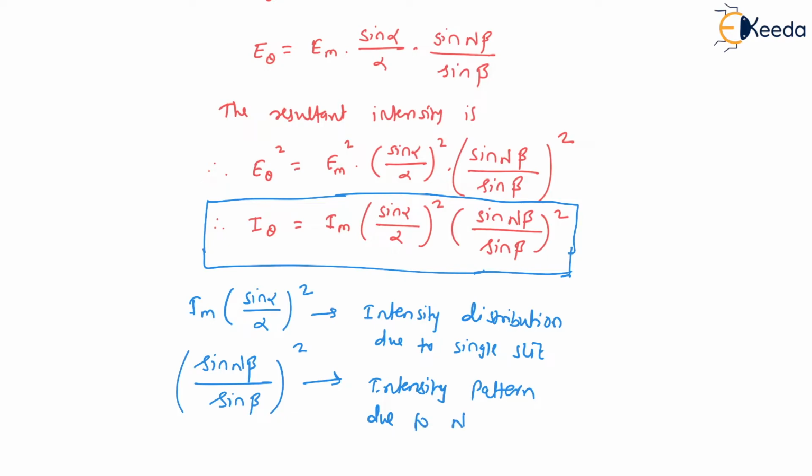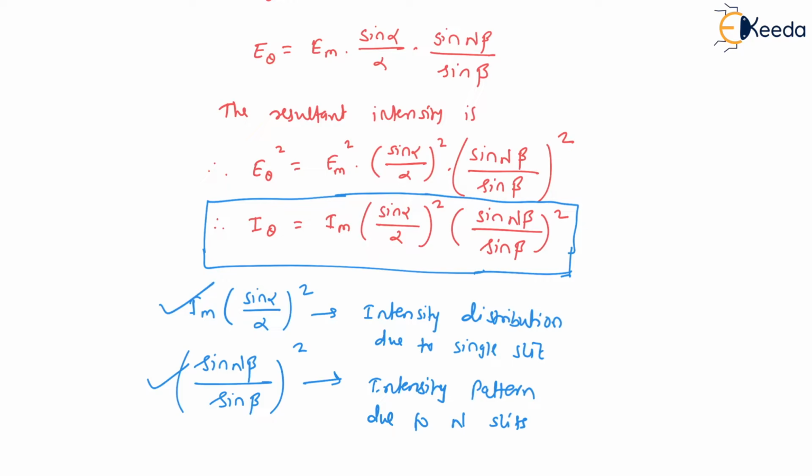So remember the meaning of these two terms. The first one, Im sine alpha by alpha bracket square, is the intensity distribution due to a single slit, and sine n beta upon sine beta bracket square is the intensity pattern due to n number of slits.